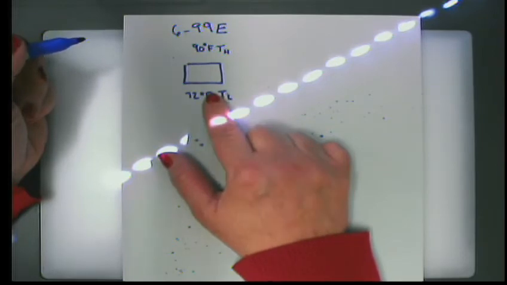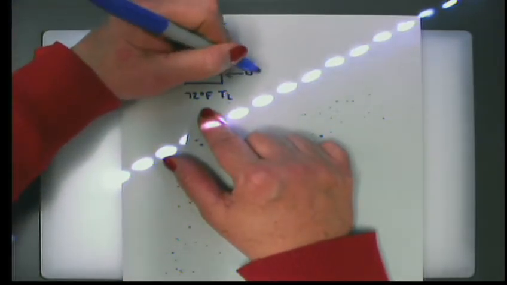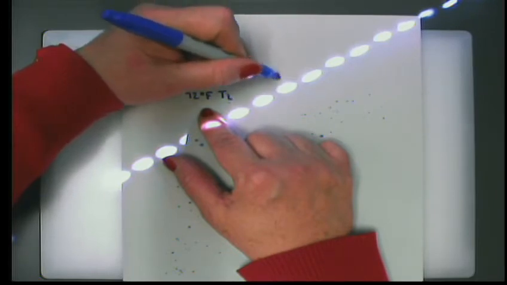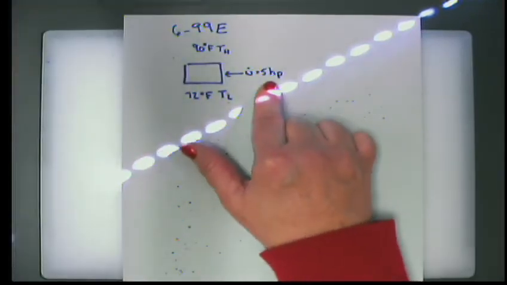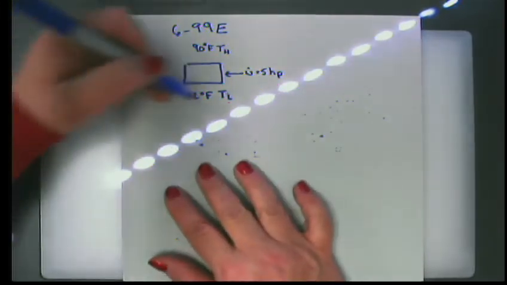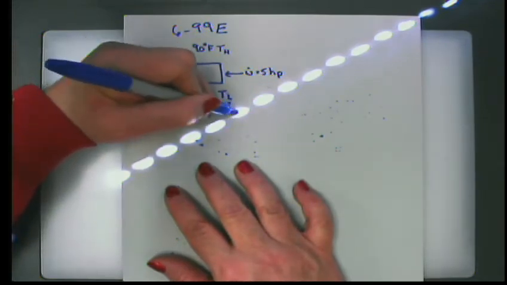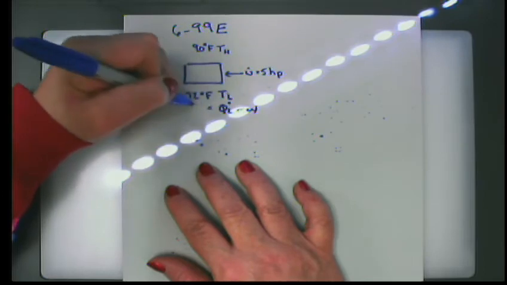If this air conditioning system draws, so my W dot, 5 horsepower, I know it's dot because horsepower is a rate, correct? Determine the maximum rate of heat removal. So what I'm looking for is Q sub L dot max equals what?